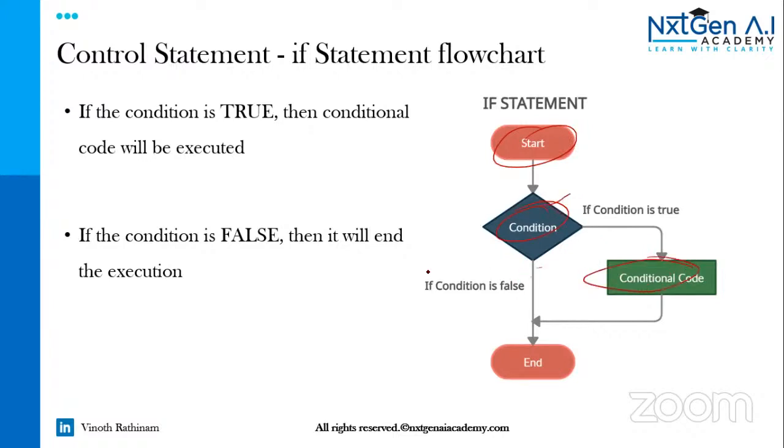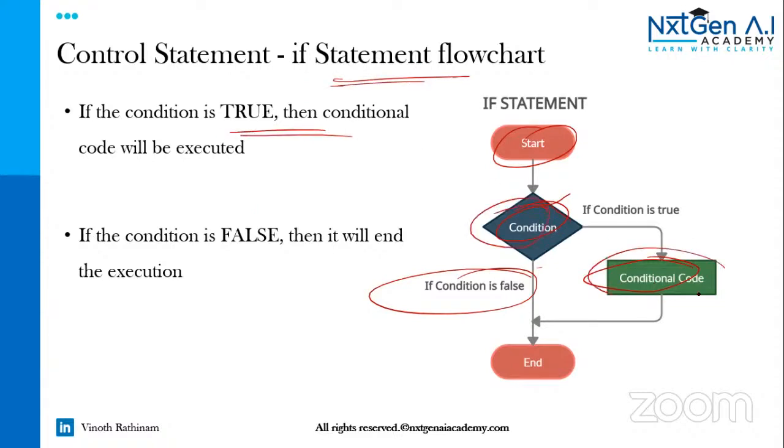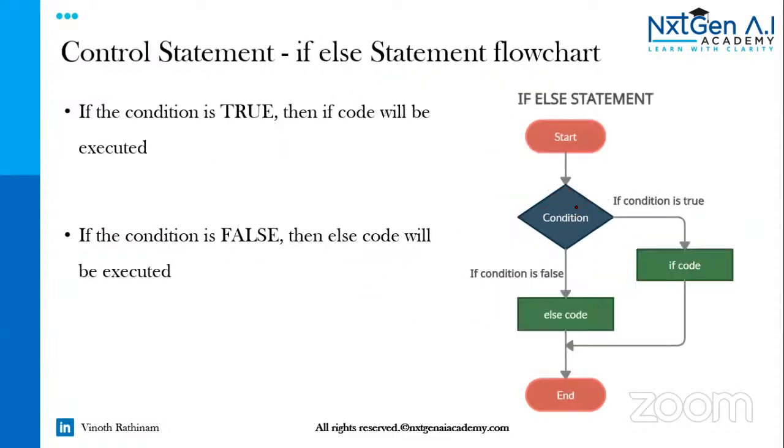If you're not satisfied, you will come home. Simple, just one condition. If the condition is true, that conditional code will be executed. If it is false, that's it, it will end the execution. You don't have any alternative option in your mind.